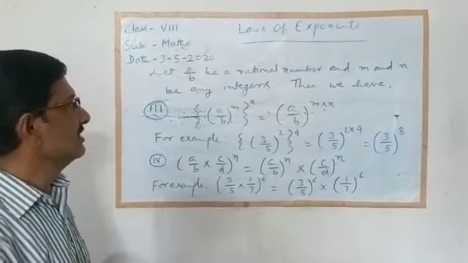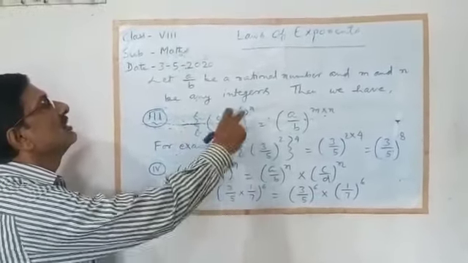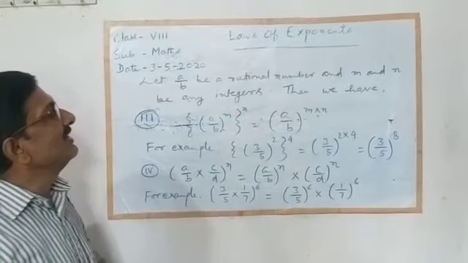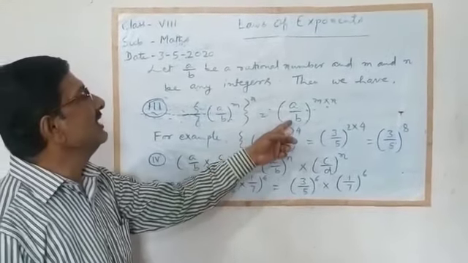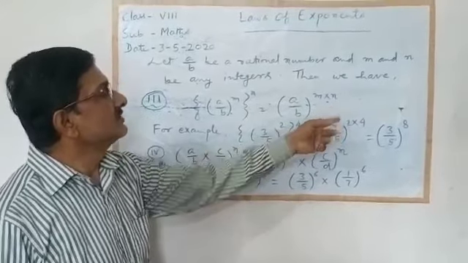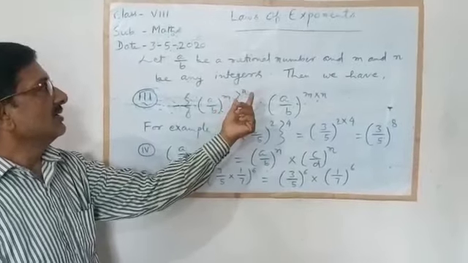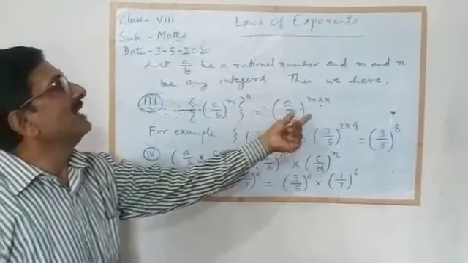The third law is when (a/b)^m and whole to the power n, that will give you (a/b)^(m×n). So here both the exponents have been multiplied.